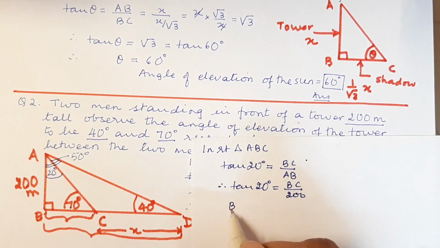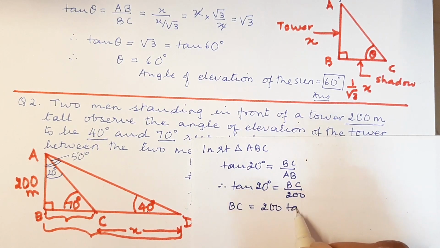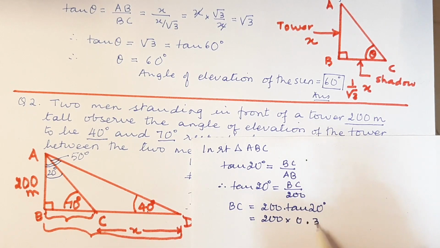And so we will have BC equal to 200 tan 20 degrees. So tan 20 degrees is multiplying 200. Now tan 20 is 0.3640.